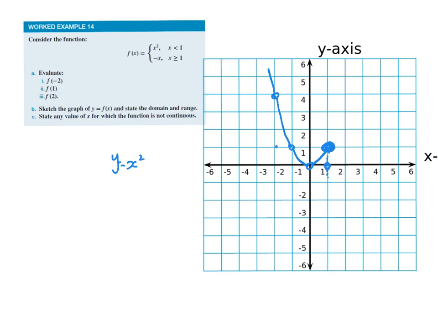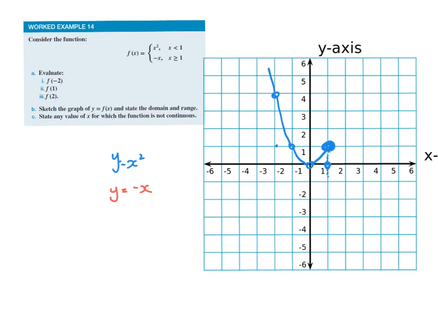The next piece of that overall function is y equals negative x. I'm going to sketch that line. We have no shift in the intercept, which means the line goes through (0, 0), but that's to the left of our x equals 1, so I'm going to do it very lightly at the origin.